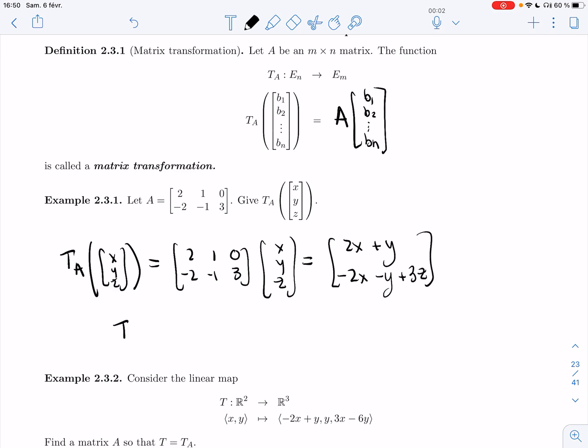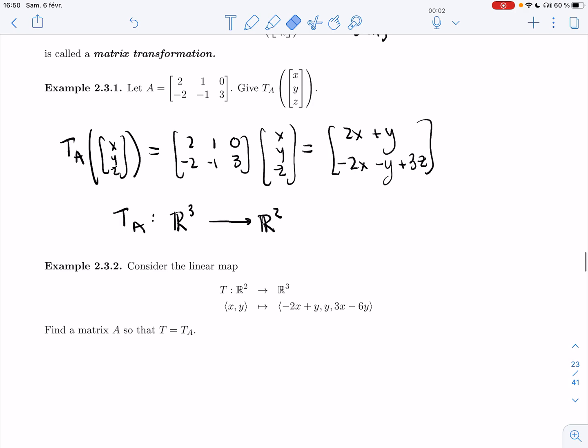All right, so that T_A takes vectors in R^3 and sends them to R^2. And that makes sense because it's a 2 by 3. That's exactly what we had up in the definition. All right, so these are nice maps.